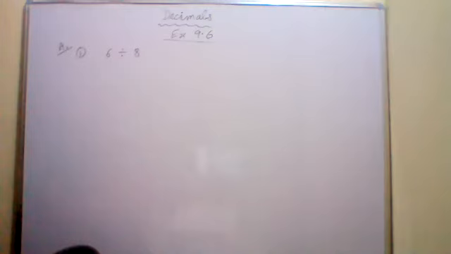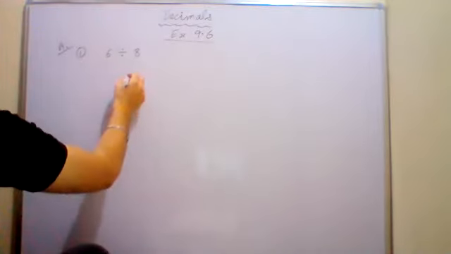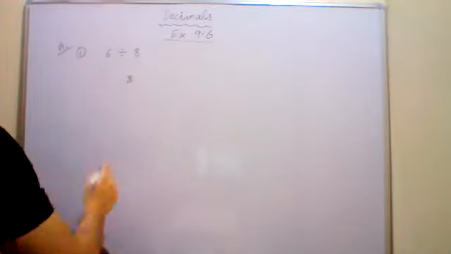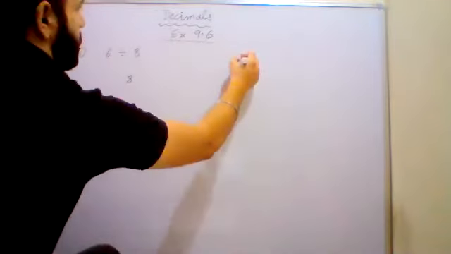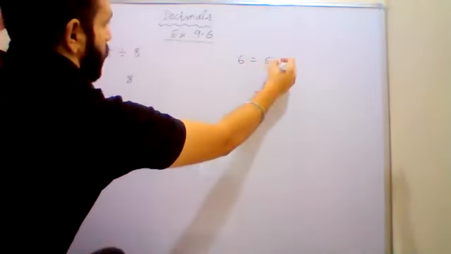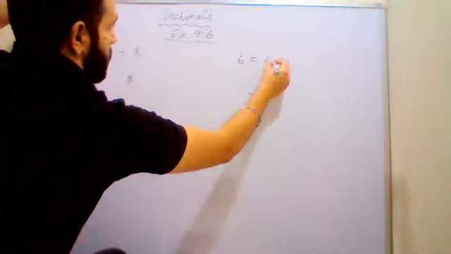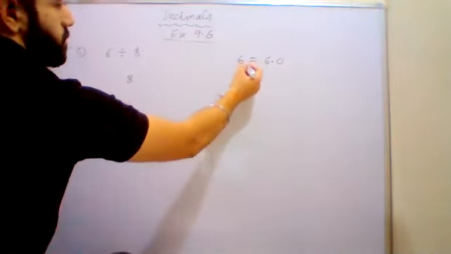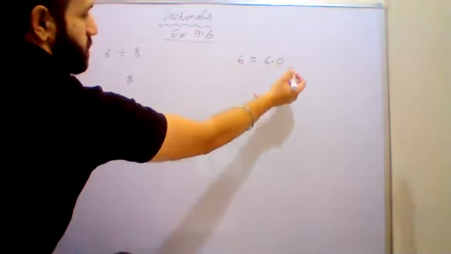Let us see. Now you must know that I can write 6 as 6.0. This is the same thing. You write 6 or you write 6.0, it is the same thing.